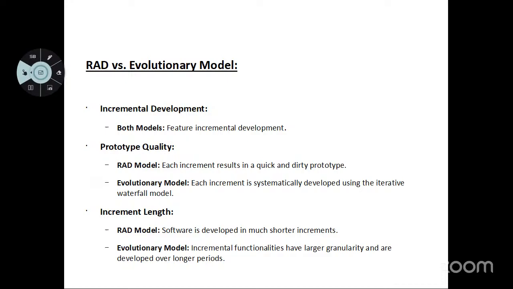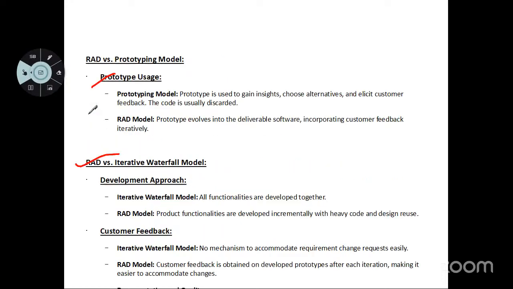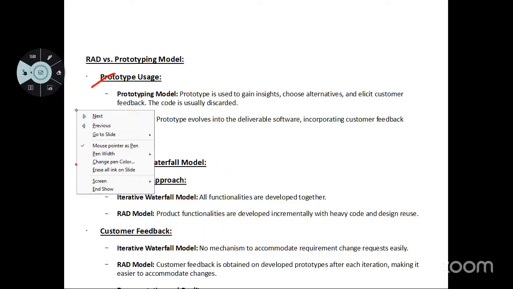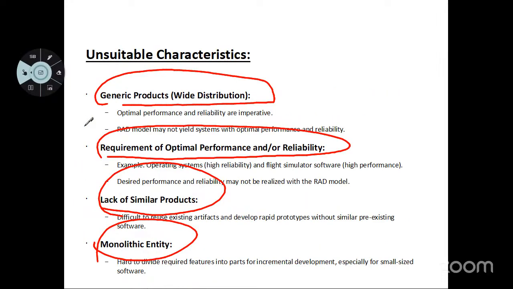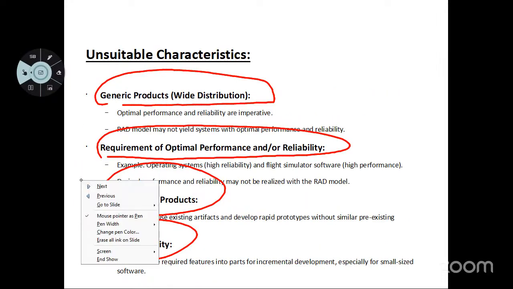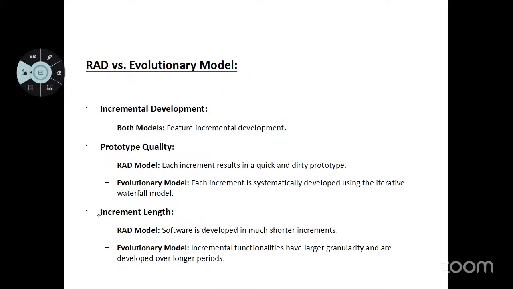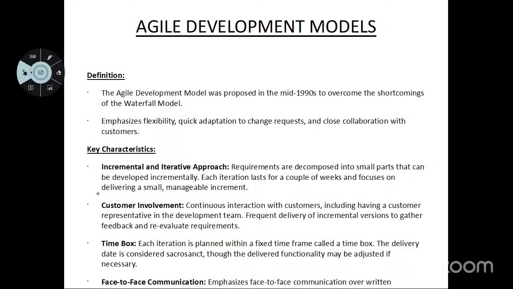And then we have seen the differences between RAD versus the prototyping model, RAD versus iterative models, RAD versus evolutionary models, right? So this is what we have seen so far.